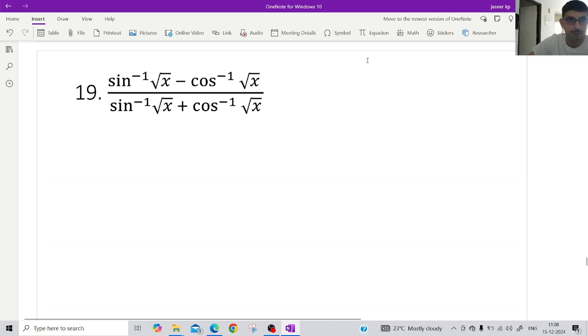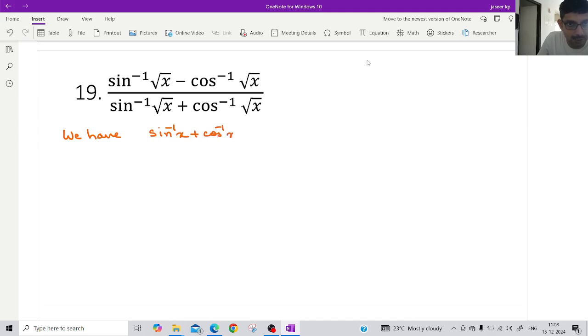Sine inverse of root x minus cos inverse of root x divided by sine inverse of root x plus cos inverse of root x. So here we are using this particular result. We have sine inverse x plus cos inverse of x equal to pi by 2.